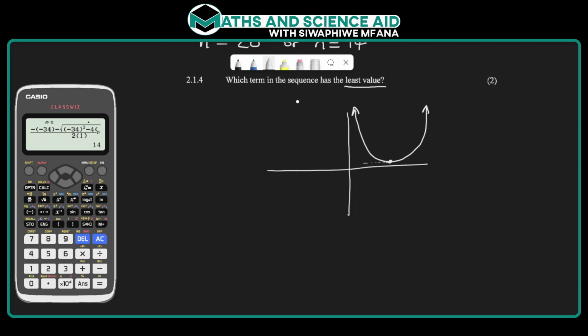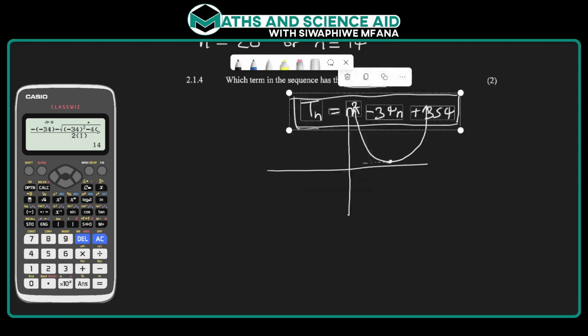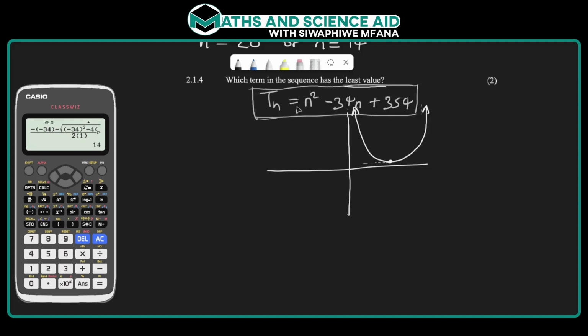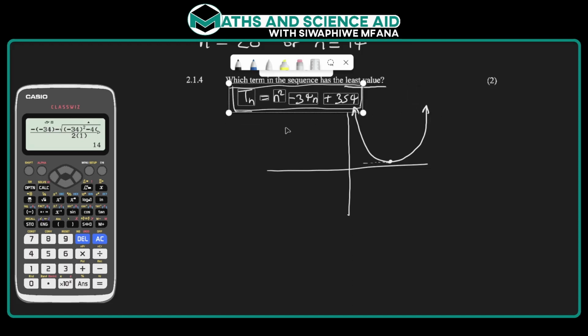If we were to represent our sequence graphically, I want you to recall that for our particular sequence here, we had found that the general term, or the general formula, is given by this equation.